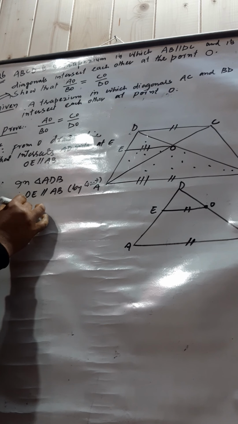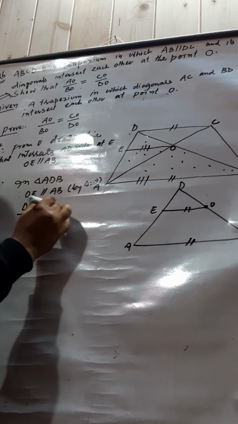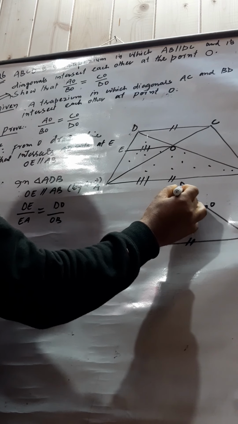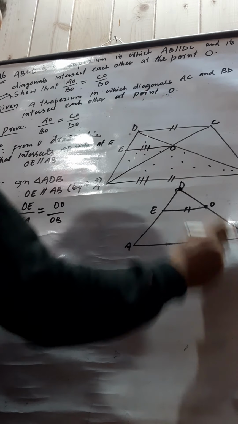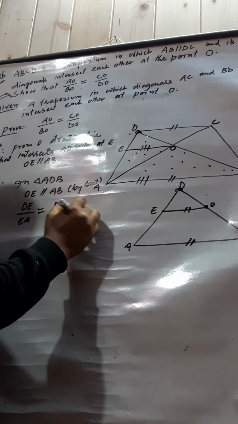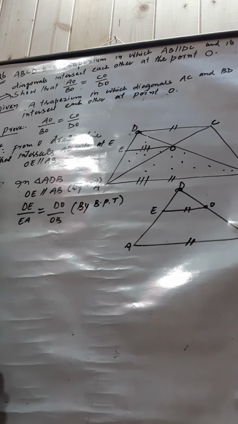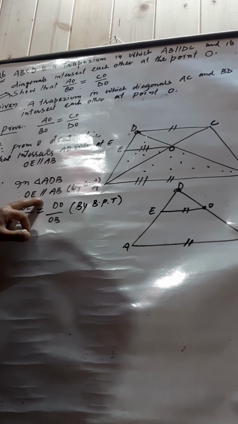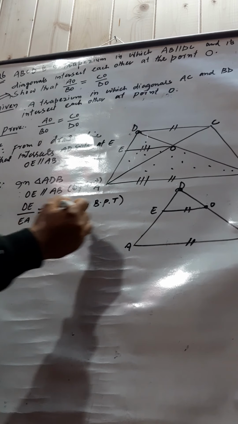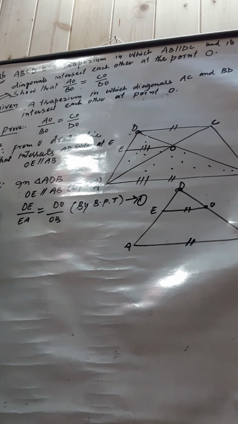So we can say DE/EA = DO/OB. Keep in mind the common vertex of both line segments is D, so we divide from D. So by BPT, the basic proportionality theorem, once a line is parallel to a side in a triangle, the other sides are divided in the same ratio. Mark this as first.